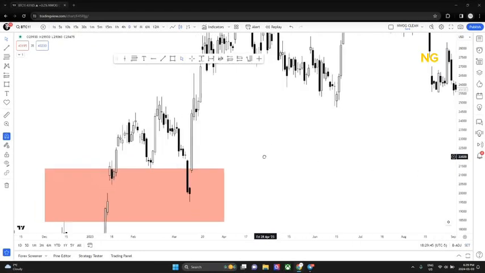So as we can see right here, price dropped below this low, which is an old daily low, which is directly above a monthly fair value gap.